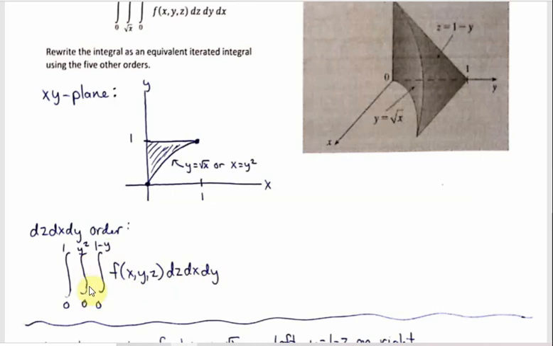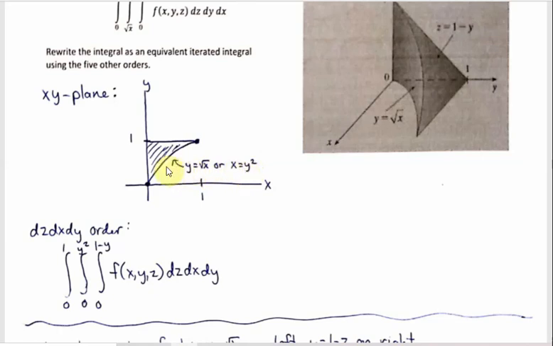And if you go the other way, then you're going horizontally first, then vertically. So horizontally, for the dx part, for integrating with respect to x, x equals 0 is what's on the left side. And what's on the right side is y equals radical x, or to solve that for x, x equals y squared.